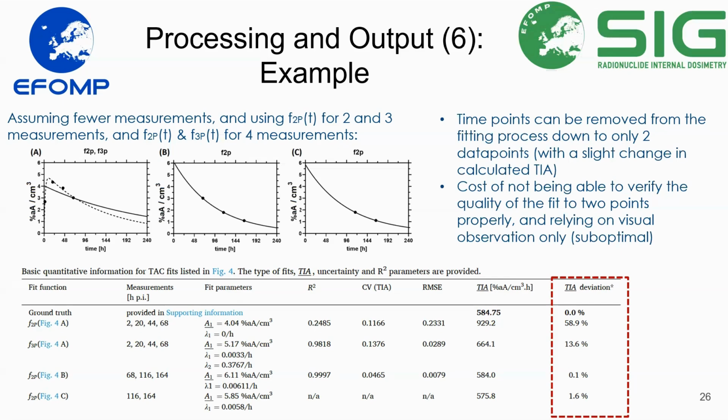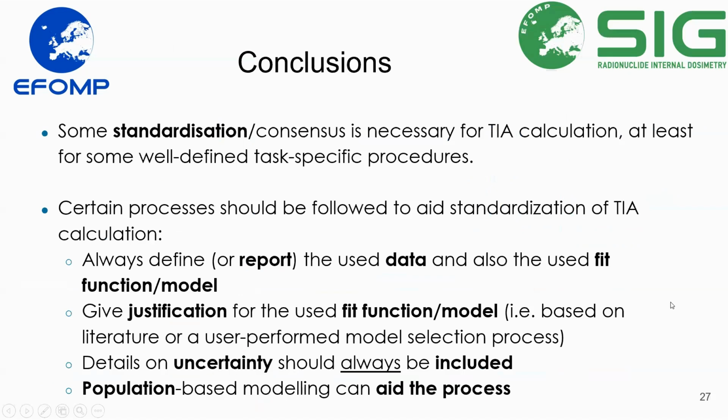So it means that the number of data should always be higher than the number of fitted parameters. If we have less, then we cannot calculate the uncertainty. We can also see that a different number of data can really affect the TIA calculation, which could lead to the deviation of the TIA, as we can see here.